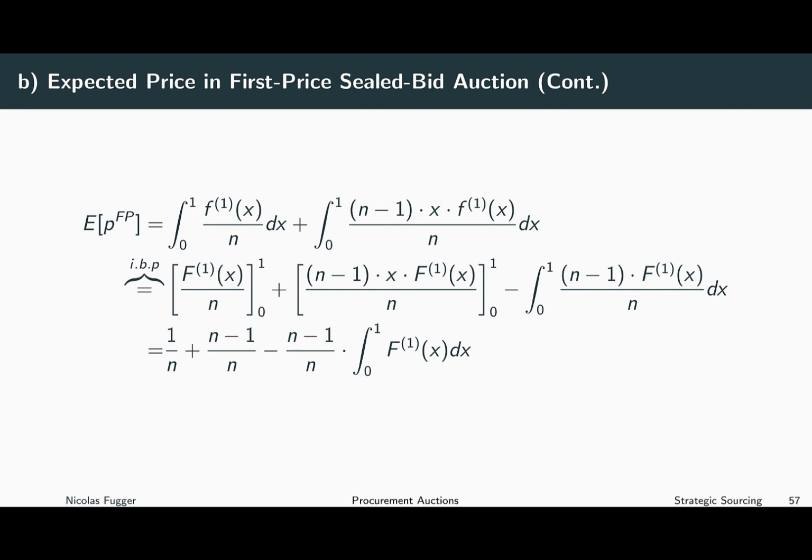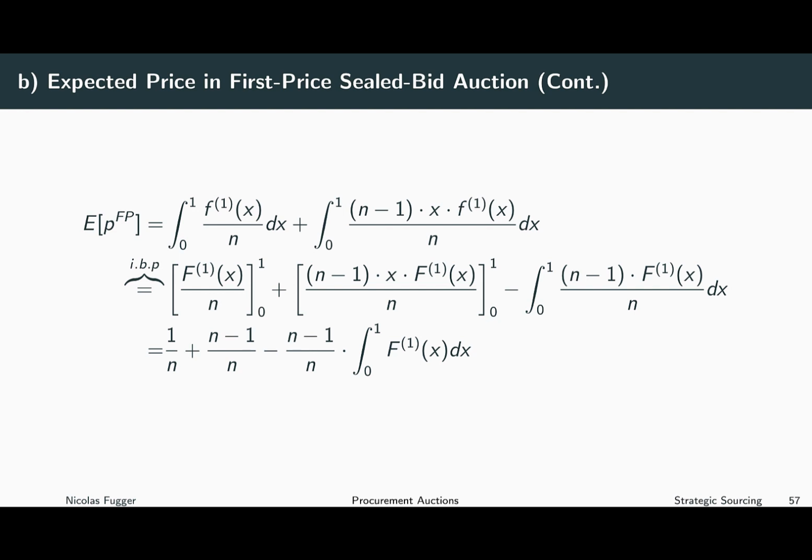If we plug in 1 for x, we get that F of 1 is equal to 1, because 1 is the highest possible realization, meaning the probability that the lowest cost is smaller than 1 is just 1. If we plug in 0, this expression here is 0. So this here is 1 divided by n.